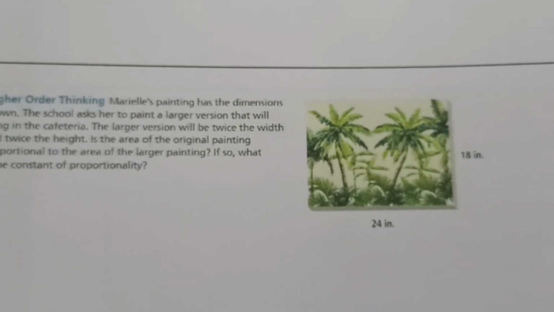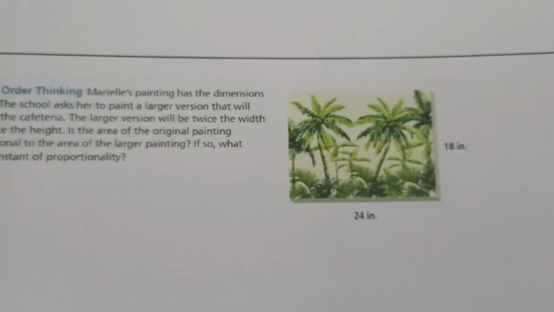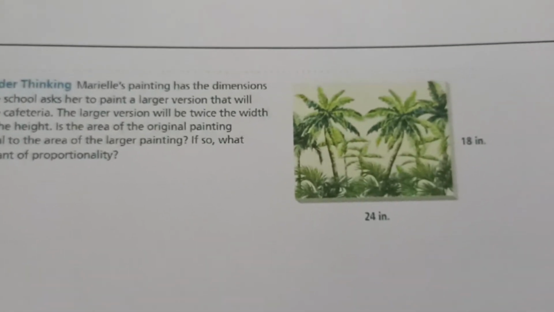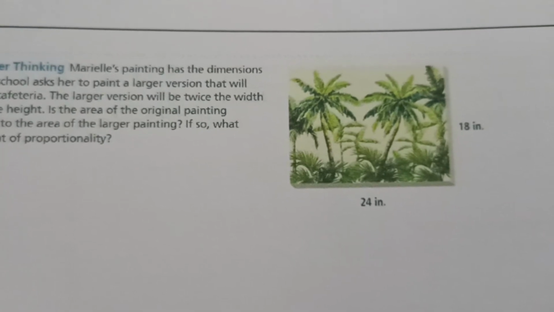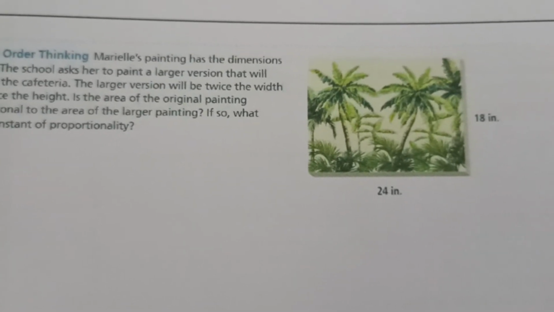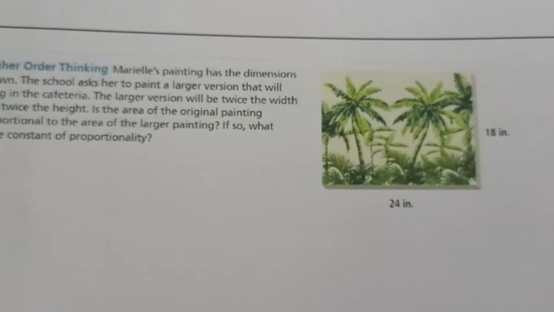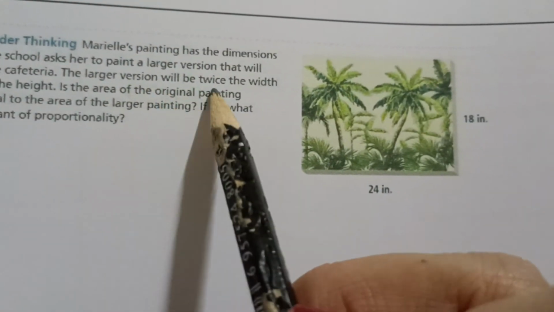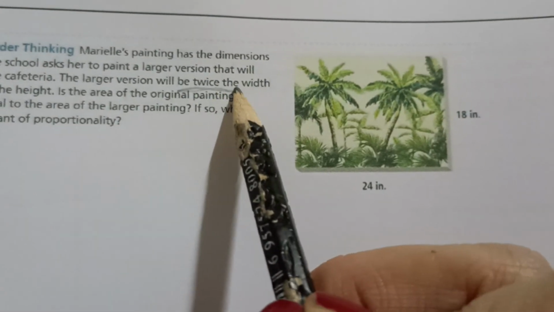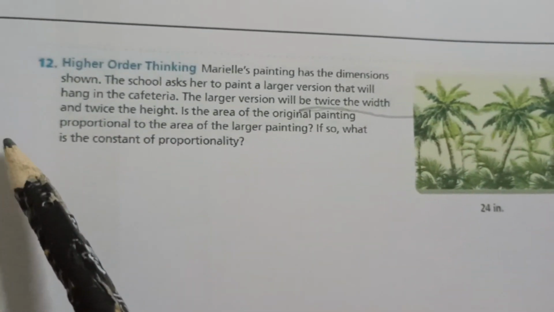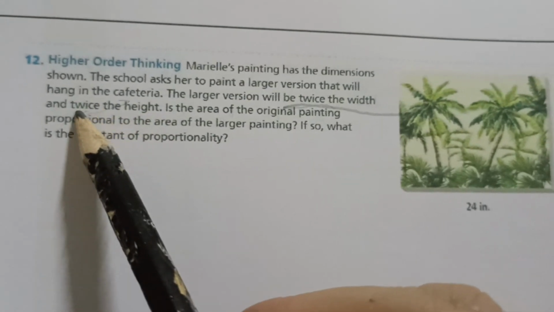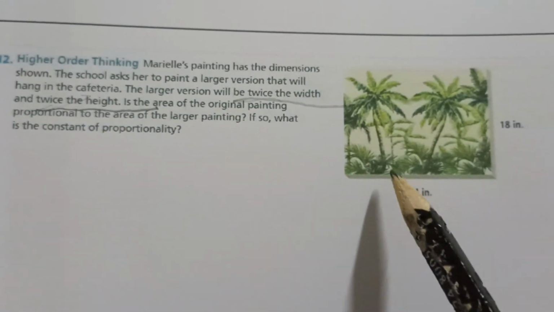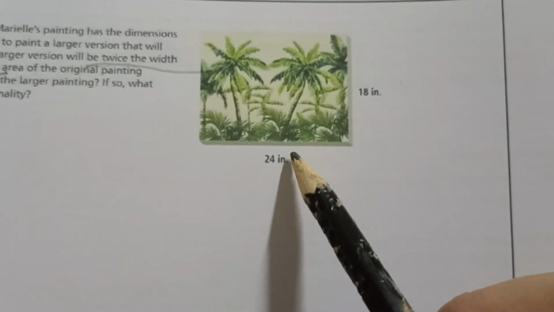You can see that width is 24 inches, okay, and height is 18 inches. Next the text tells you that the larger version will be twice the width and twice the height, okay, twice the height. And you know what it means, twice? It is multiplied by 2.